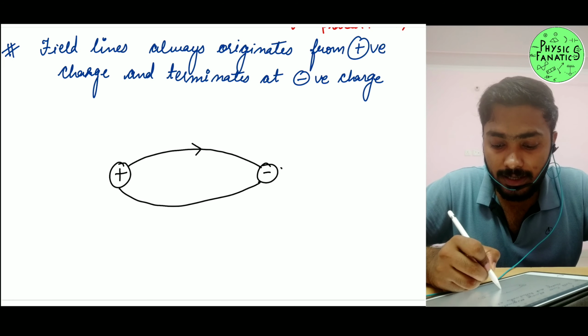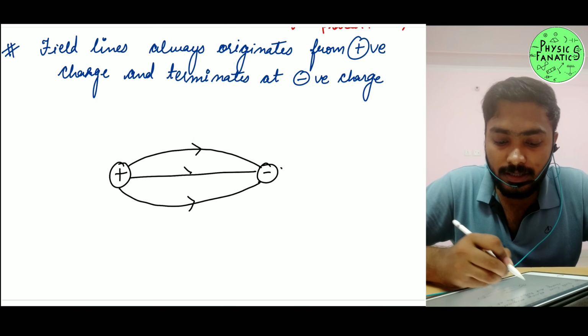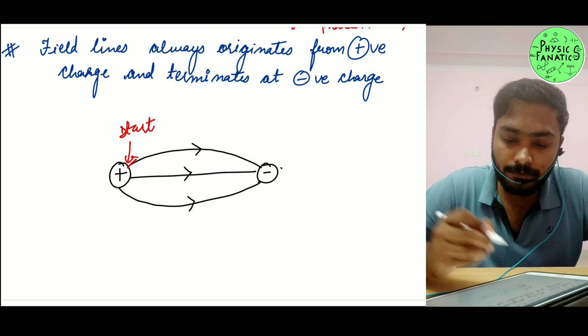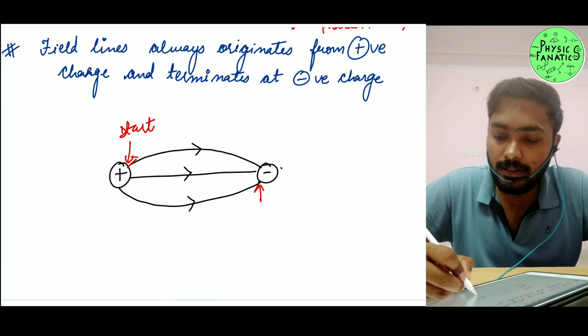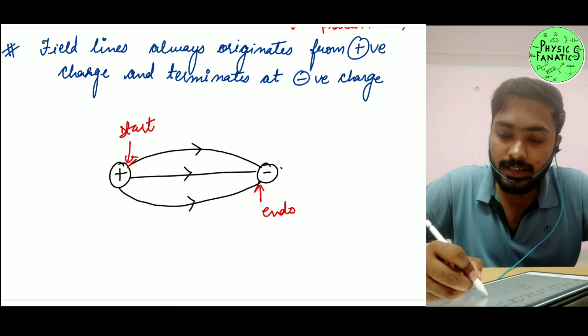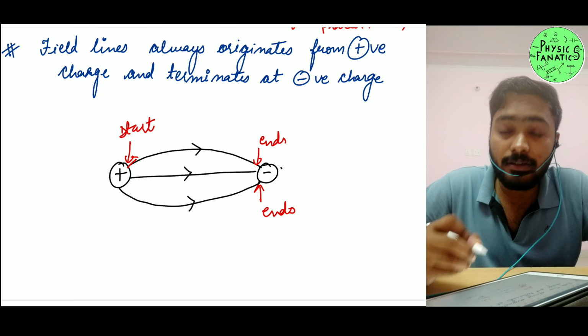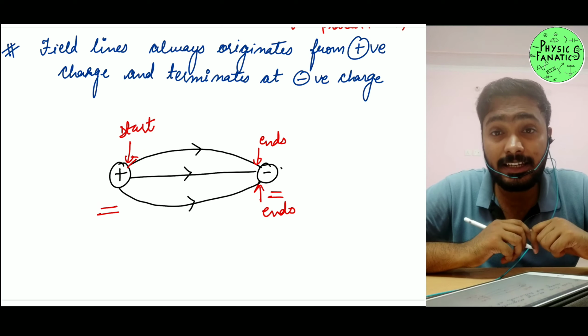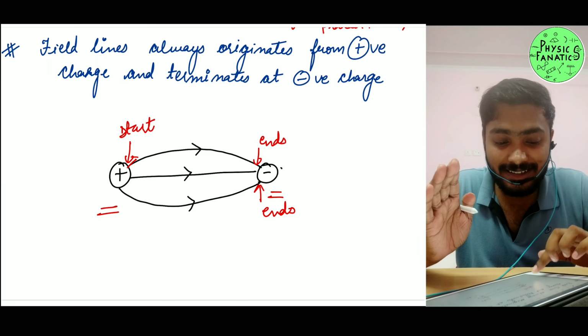This is how it is, right? You can see it is starting here, this is the start, and here it ends. So it starts from positive and ends at negative. I hope that is understandable, right?